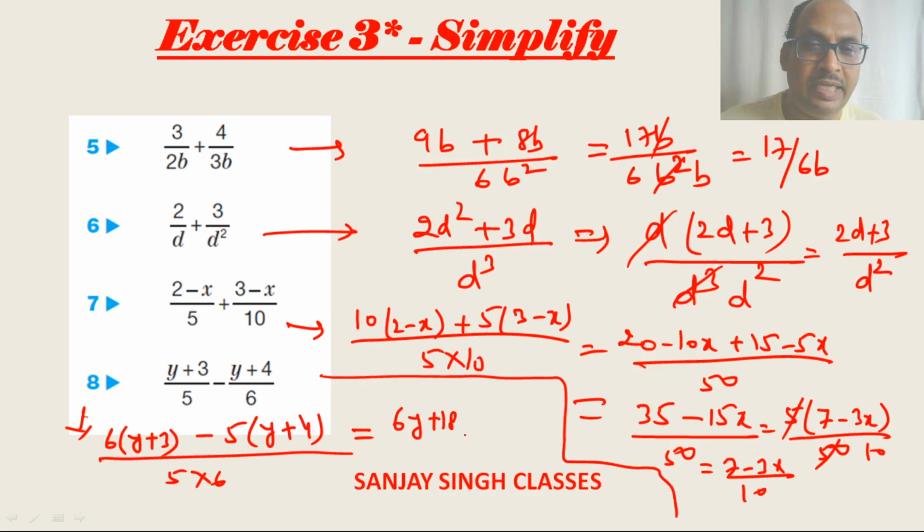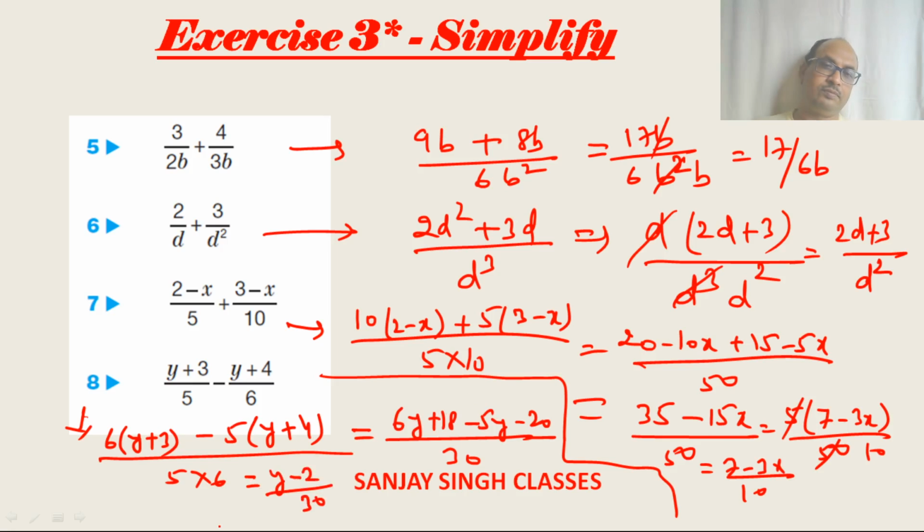Okay, 6y plus 18 minus 5y minus 20 divided by 30. Now further, its answer will come as 6y minus 5y, so y, and plus 18 minus 20, so minus 2 divided by 30. Okay, so the answer will be y minus 2 by 30.